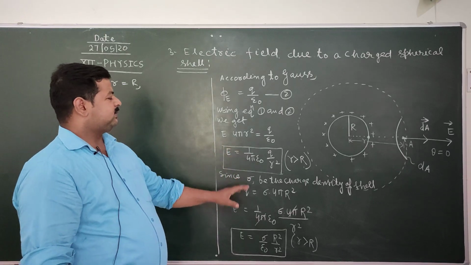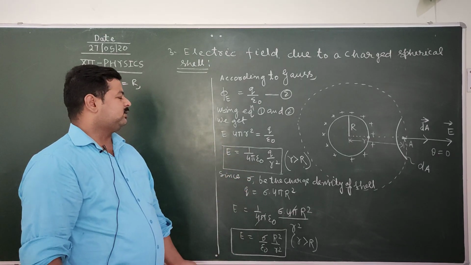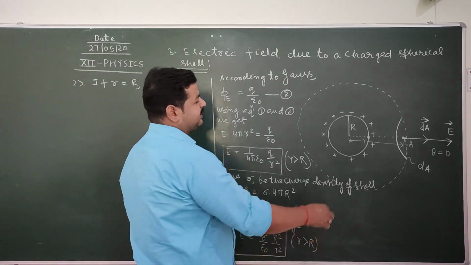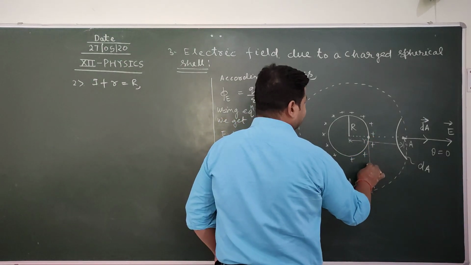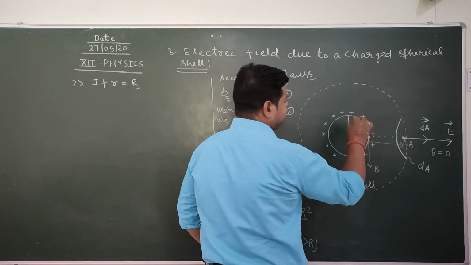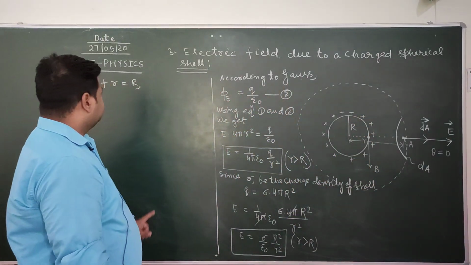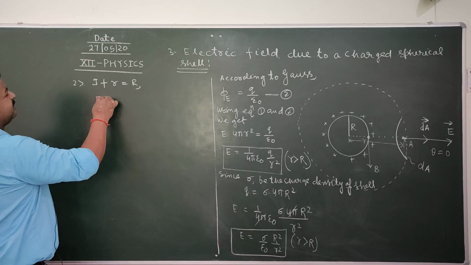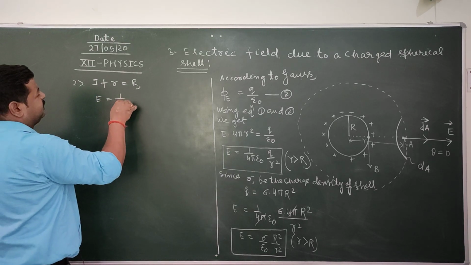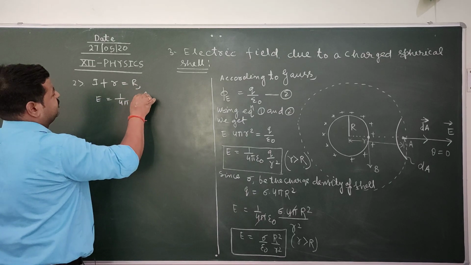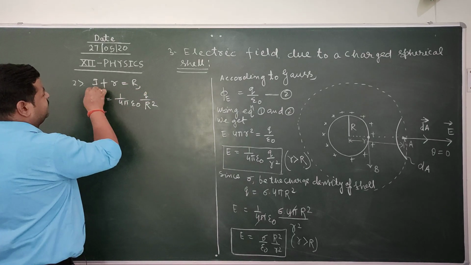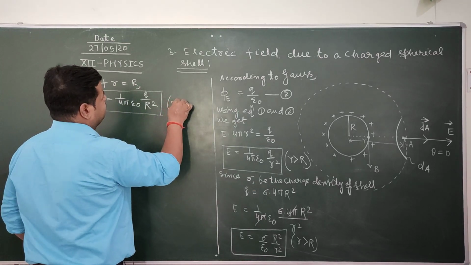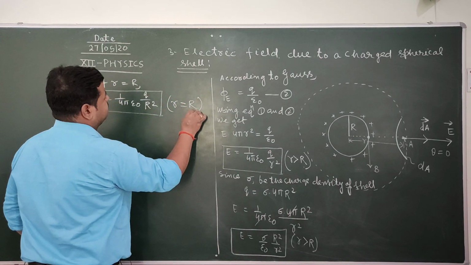From the calculation in the first part, we can write the value of electric field at the surface of the sphere. That point we will assume B. Clear? So here the electric field at the surface is 1 upon 4 pi epsilon naught, q by capital R square. So this is the electric field on the surface, in the case when small r is equal to capital R.